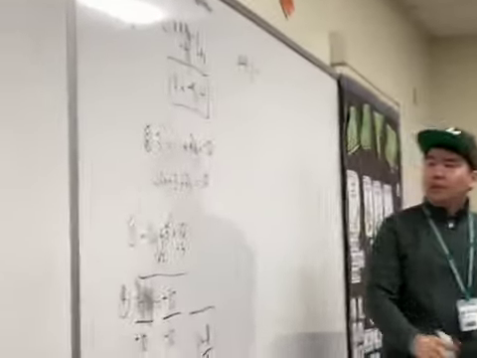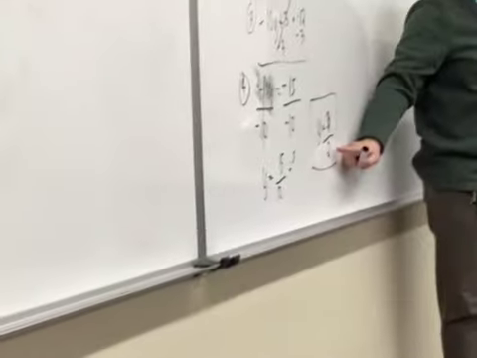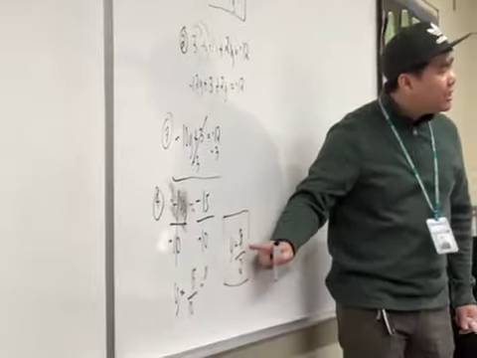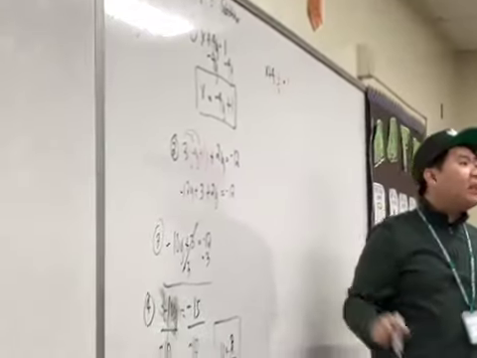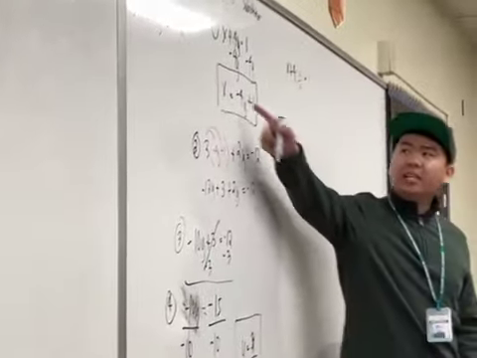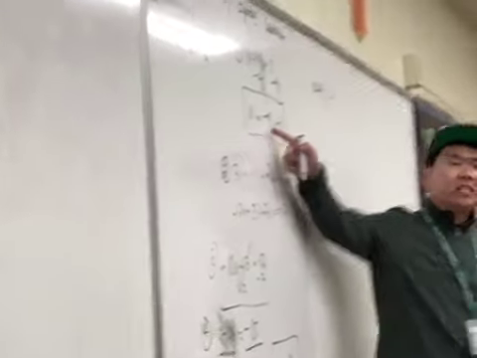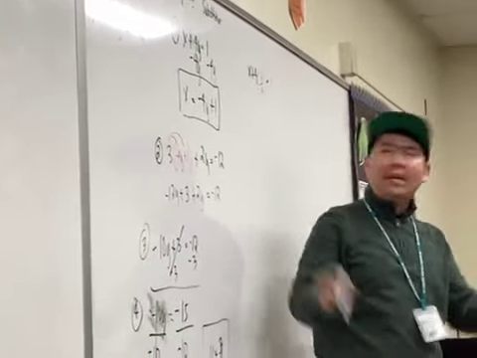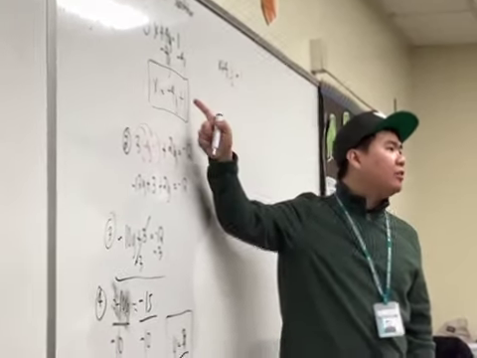Again, we already have the value of y, right? 3 halves. Now we are going to use this again to get the value of x. This one is not the permanent x, because you remember, this is just an equation. We need one number only, not with y, not with another number.